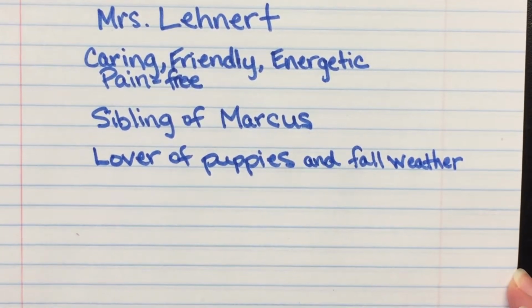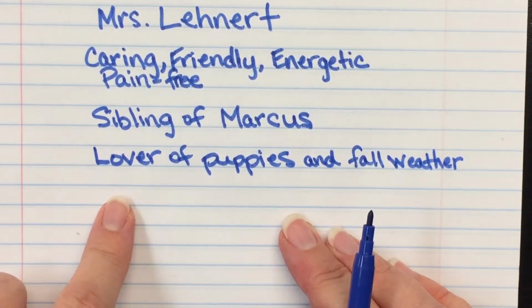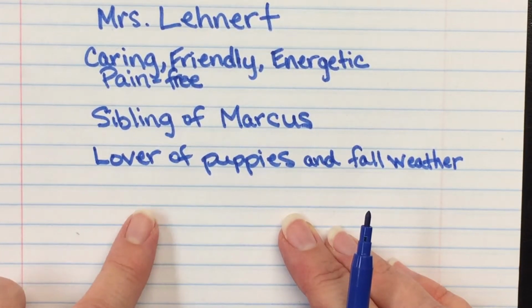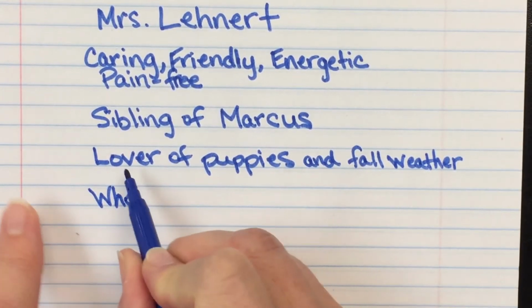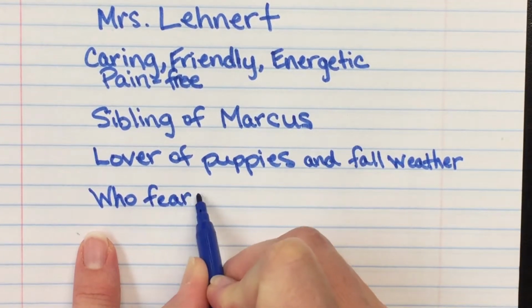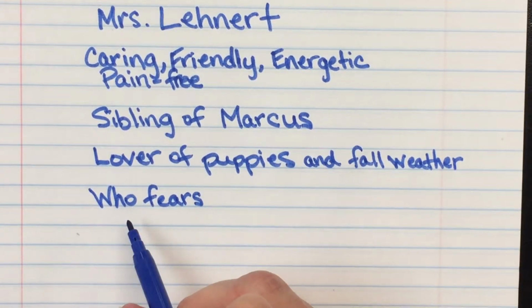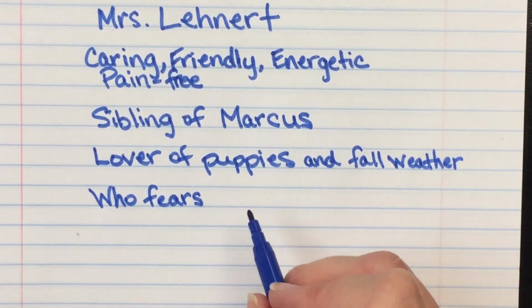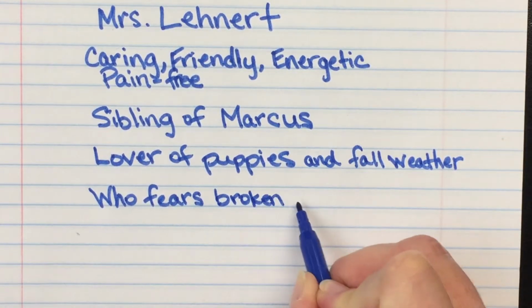Okay, next, now that we've said what we love, we're going to say things that we fear, things that we are afraid of. So I'm going to say, because I'm a lover of puppies and fall weather, who fears, and I'm going to list two things that I'm afraid of. So, for example, I fear broken elevators.